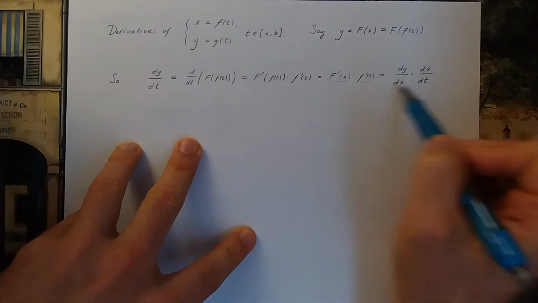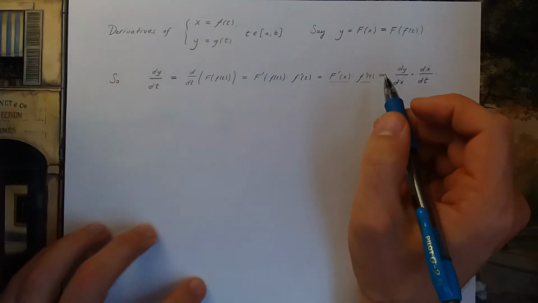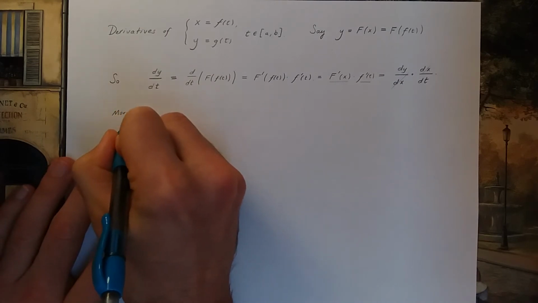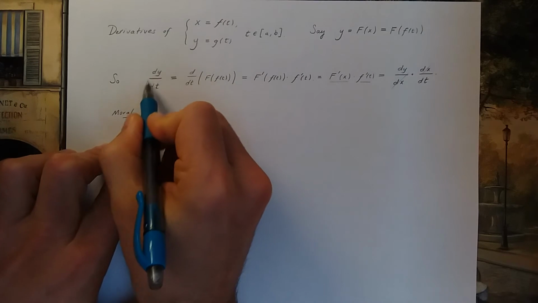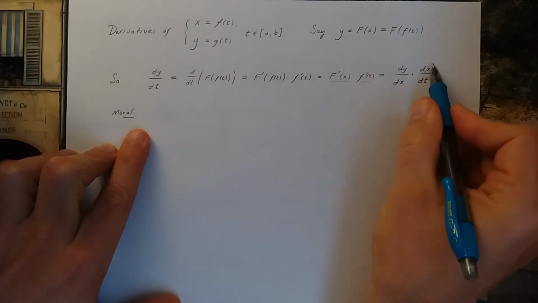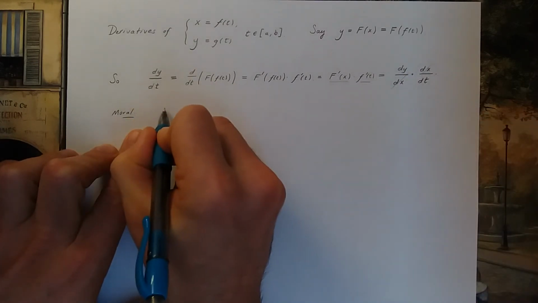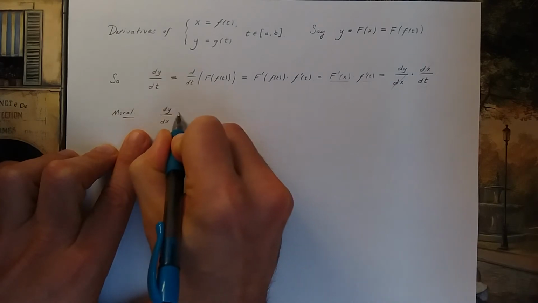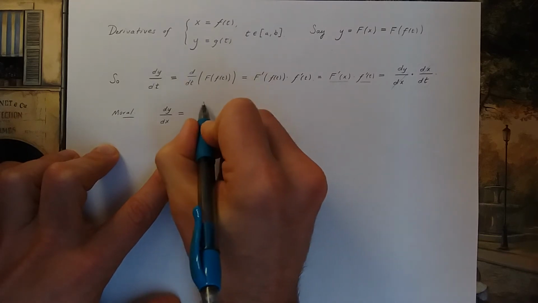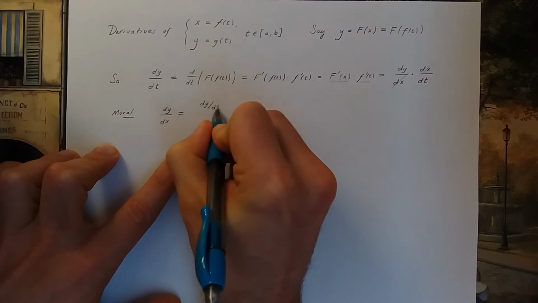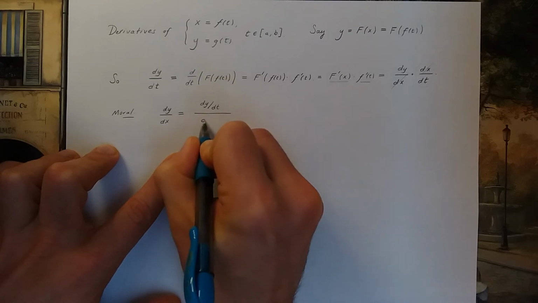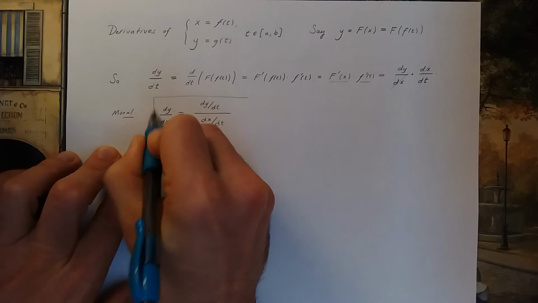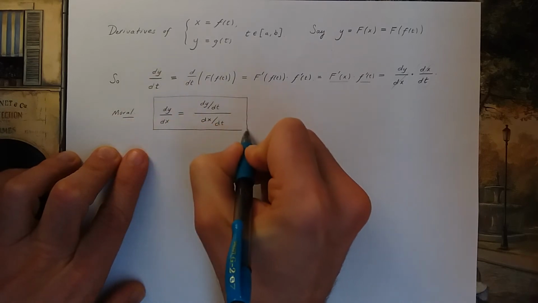In this case, you can and get a true statement. So here is the moral of the story. I could divide by dx dt, and find that the derivative dy dx is equal to dy dt over dx dt. So this is how you take derivatives of parametric equations.